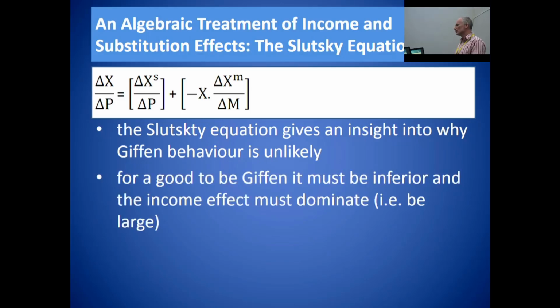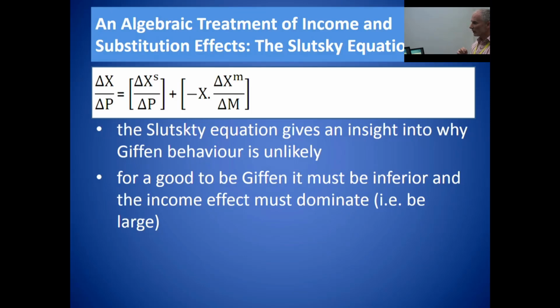What I want you to do is think about what is required for Giffen behaviour to be observed. Given everything I've told you so far, two things. One is the good needs to be inferior. For Giffen behaviour to be observed, the good in question absolutely must be inferior.